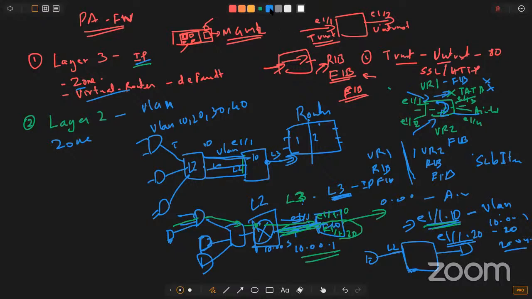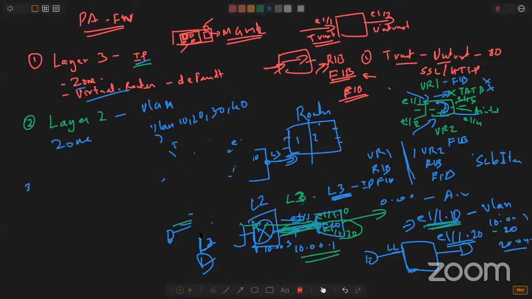Okay, now moving on. So Layer 3, Layer 2, connecting to a switching environment. Third, the more interesting part, which all other vendors are typically looking forward to, is the other mode, vWire. vWire deployment, or we call it virtual wire.